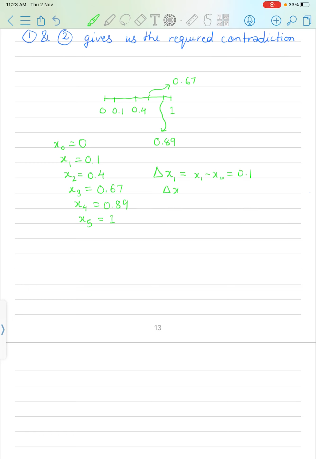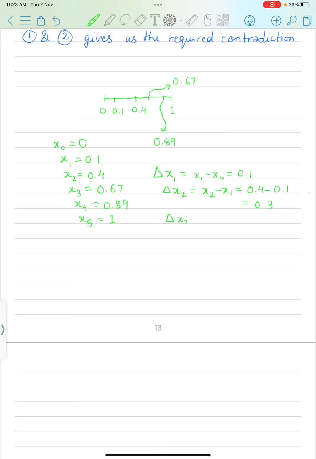Delta x2 is x2 minus x1, 0.4 minus 0.1, which is 0.3.